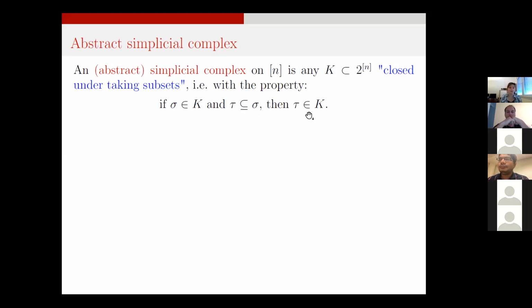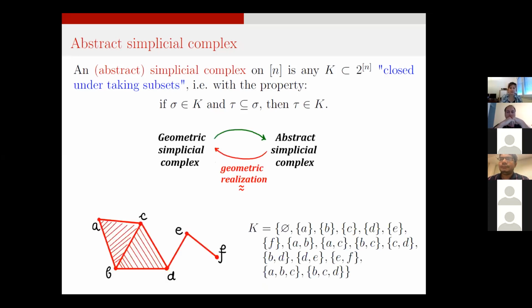And how are the abstract and geometric definitions related? Well, one direction is very simple. When we have a geometric simplicial complex, we just take sets of vertices, and that's okay. But also the other one is well known. Whenever we have an abstract simplicial complex, just a set of sets that satisfies these properties, we have a geometric realization, which is a geometric simplicial complex.